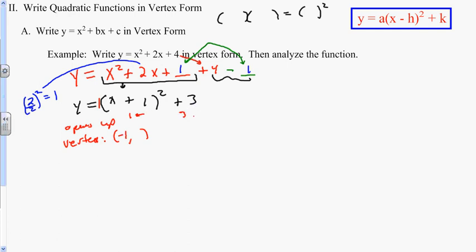This moved 3 units up. That is our vertex. Again, a perk is that the axis of symmetry is x equals the same x value as our vertex. And that is analyzed. We could graph that, but this is all we're asked to do: change it to vertex form and then tell us where those things lie.